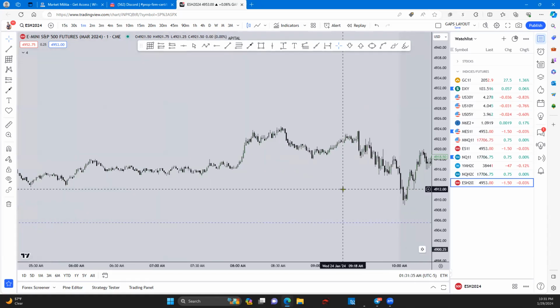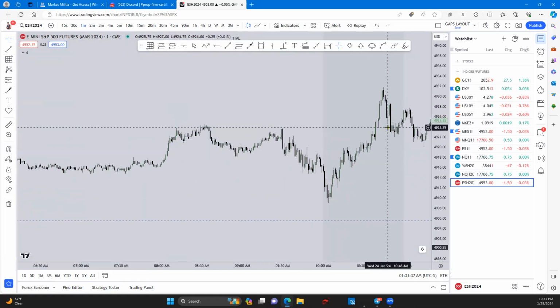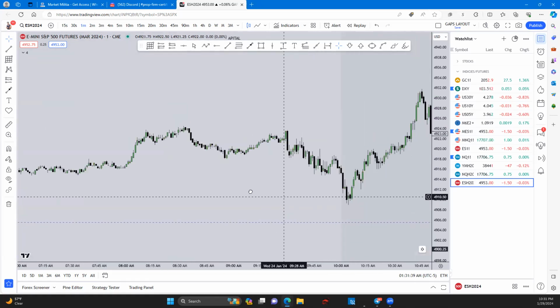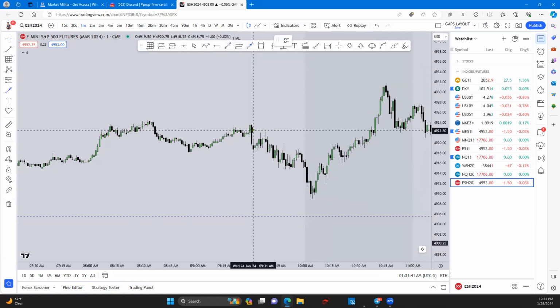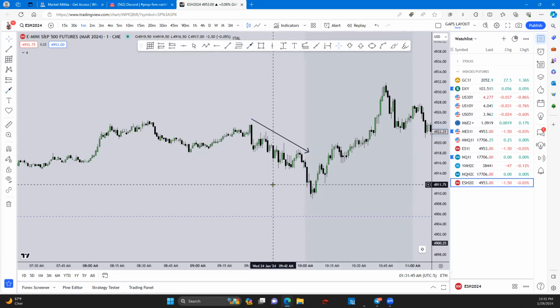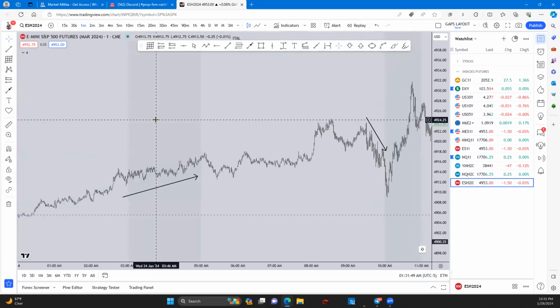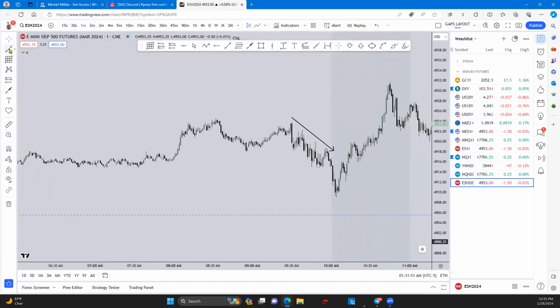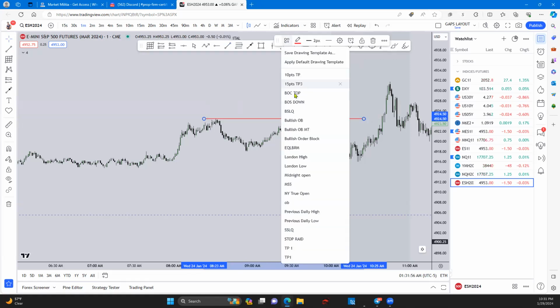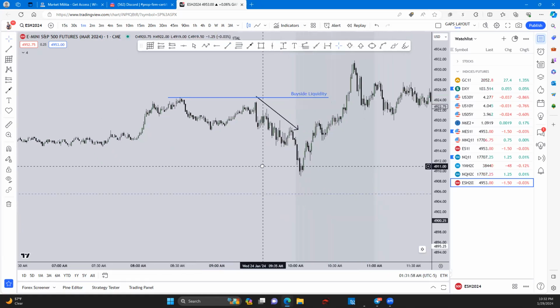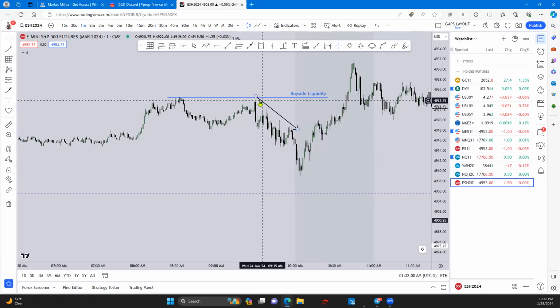So we're looking for New York continuation. Do we have a fake out from 9:30 to 10? We do, right? Judas swing. So now we're waiting for buy side liquidity to be taken, which you can target this high here. Buy side liquidity. Okay, relatively equal highs there.